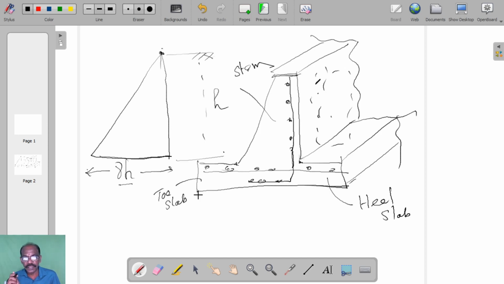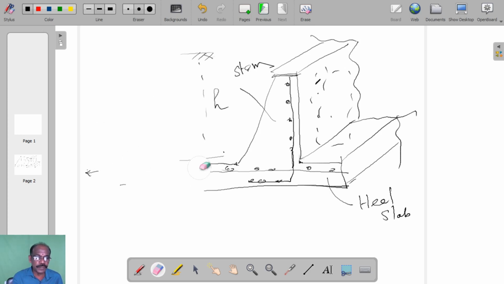Concrete is weak in tension but strong in compression. Where tensile stress is there in concrete, there we have to provide tension reinforcement. That is important. So students, you must know where the tensile stresses are acting in a particular structure.